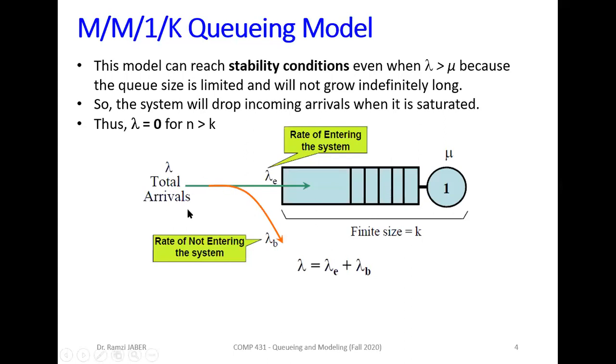Now lambda will be bigger than mu, so rho is bigger than 1 in this system.